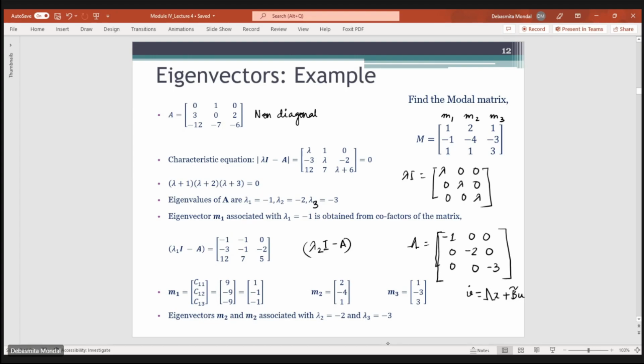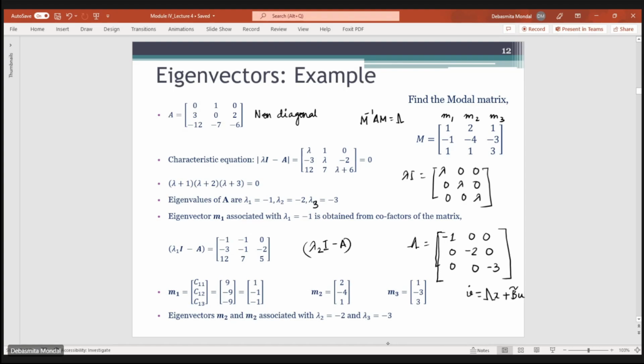So M is basically the diagonalizing matrix or the modal matrix, such that if you do M inverse A M, that will be equal to this delta. So you can cross check: take this value of M, do M inverse A M, and see whether you are ending up with this form or not. This is to check whether the modal matrix that you have found is correct or not.